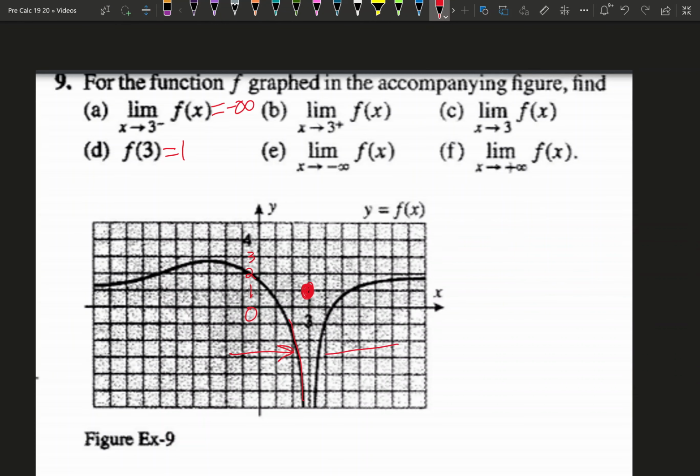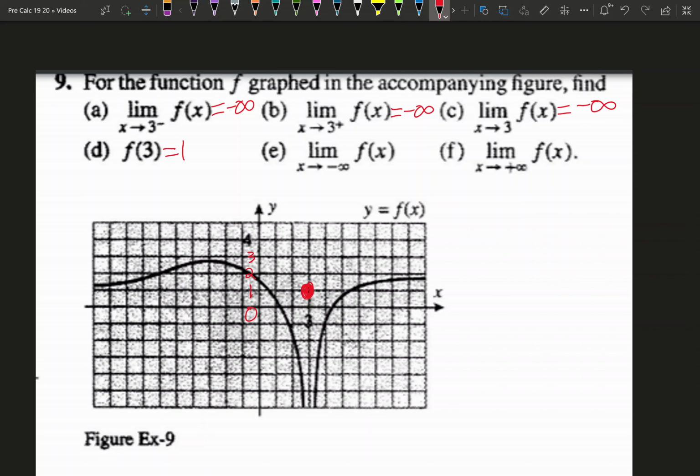The same thing is happening as x is approaching 3 from the right, so that is also going to be negative infinity. In that case, our two-sided limit as x approaches 3 of f of x is also going to be negative infinity because our two one-sided limits are equal.